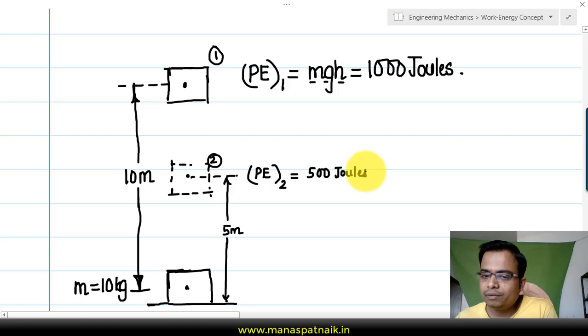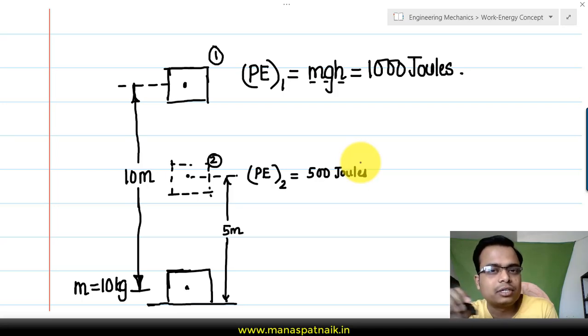Okay, potential energy. Well, but what about the law of conservation of energy? What does the law of conservation of energy tell us? Well, it tells us that the energy in the entire universe is constant, or in other words, I can also say at each and every point the energy remains the same, it does not change. But now this is very contradictory.